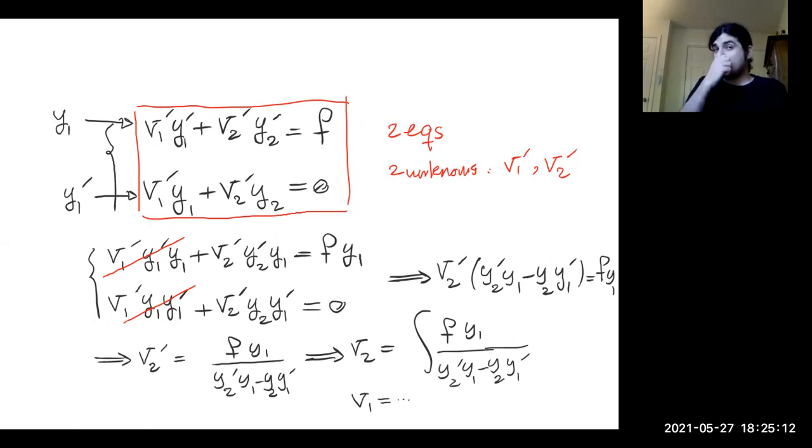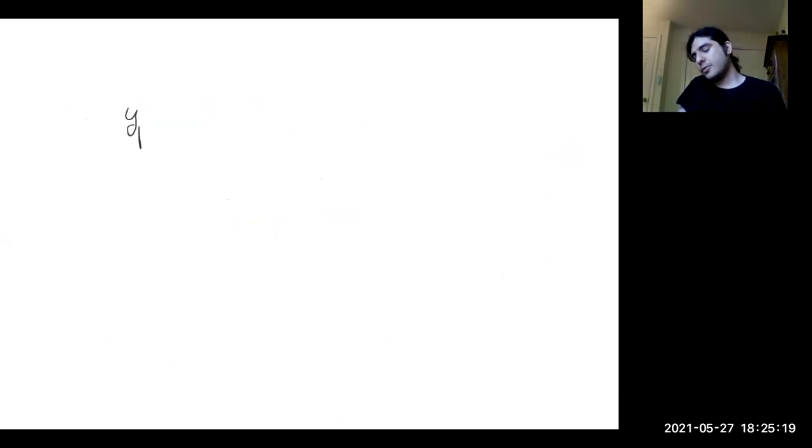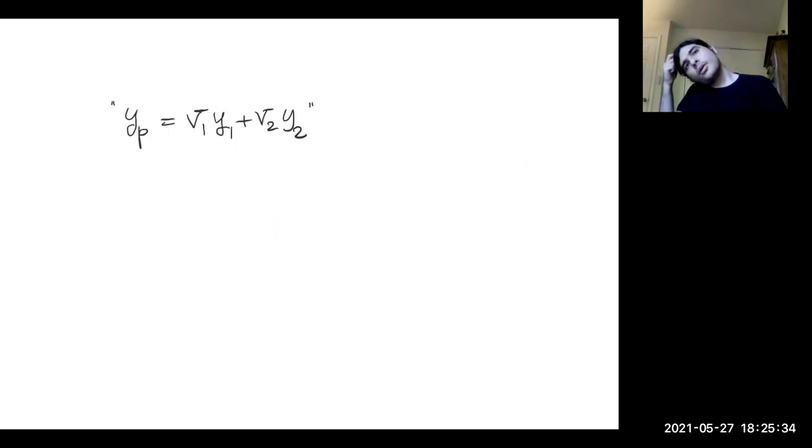If we are able to compute these integrals, the particular solution would be v1 times y1 plus v2 times y2. And that would be our solution.